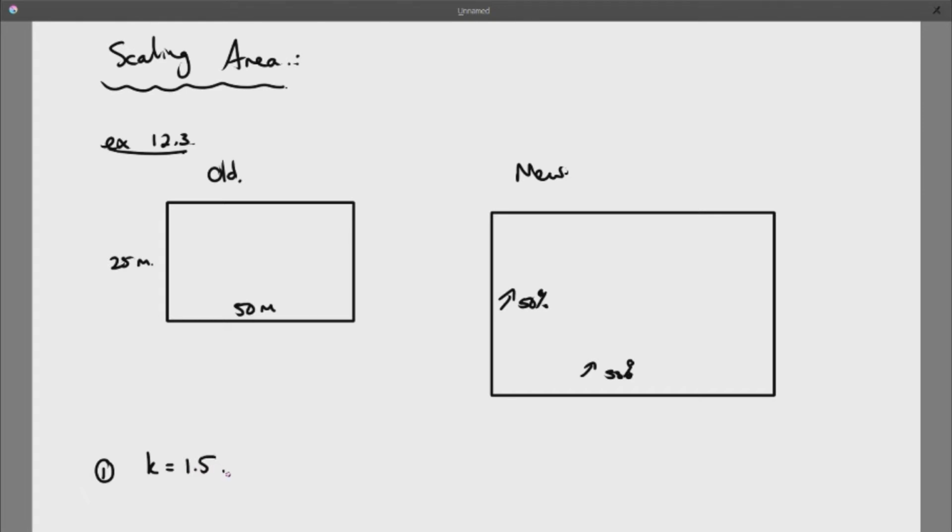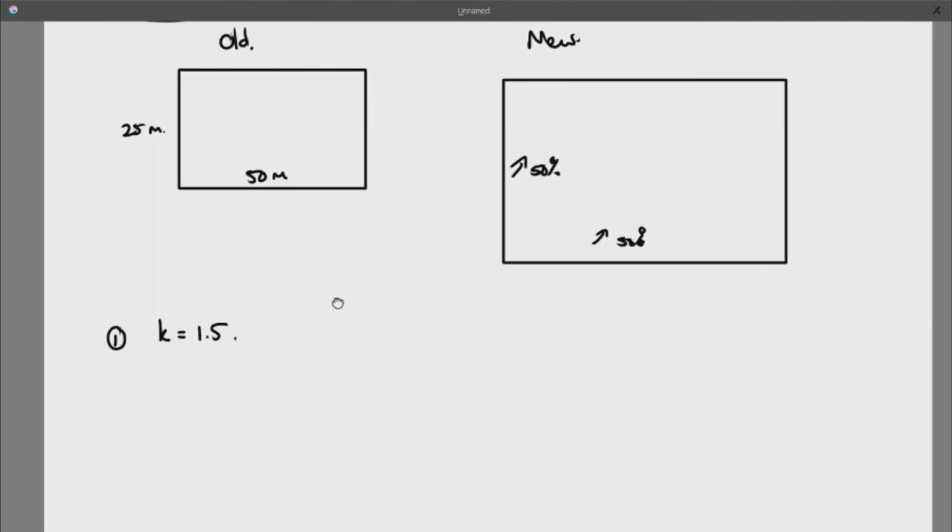So even though they give me information in terms of percentages, I need to convert it. Then we want to know what is the area of the new field. Let's do that first, changing the question a little bit. In order to see what the increase is, I need to calculate the new dimensions, and the new area, so let's do that.